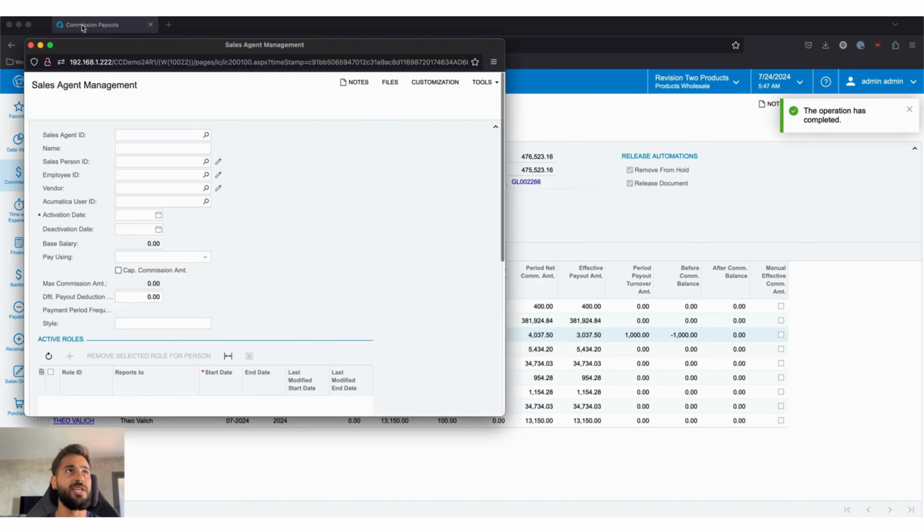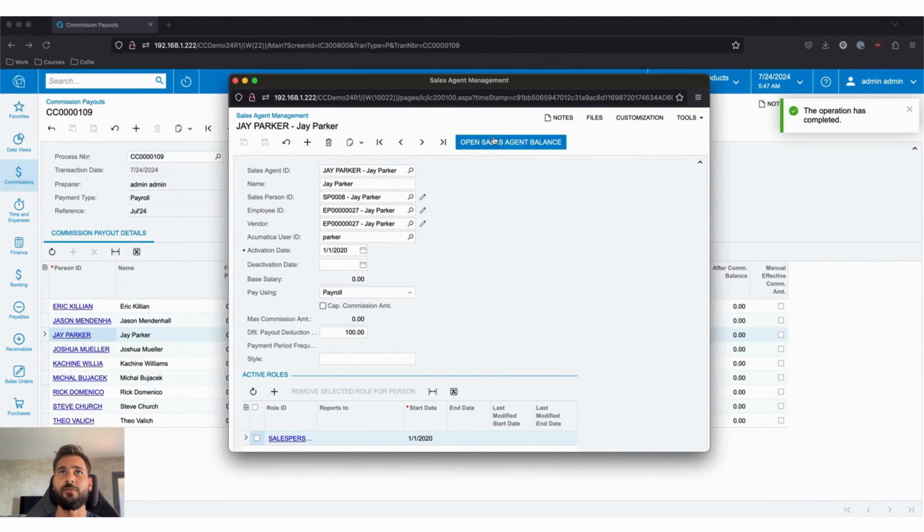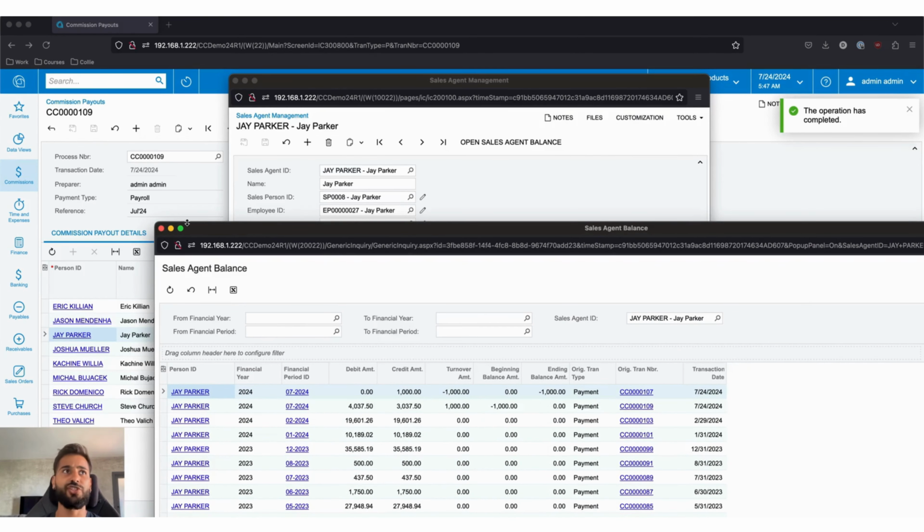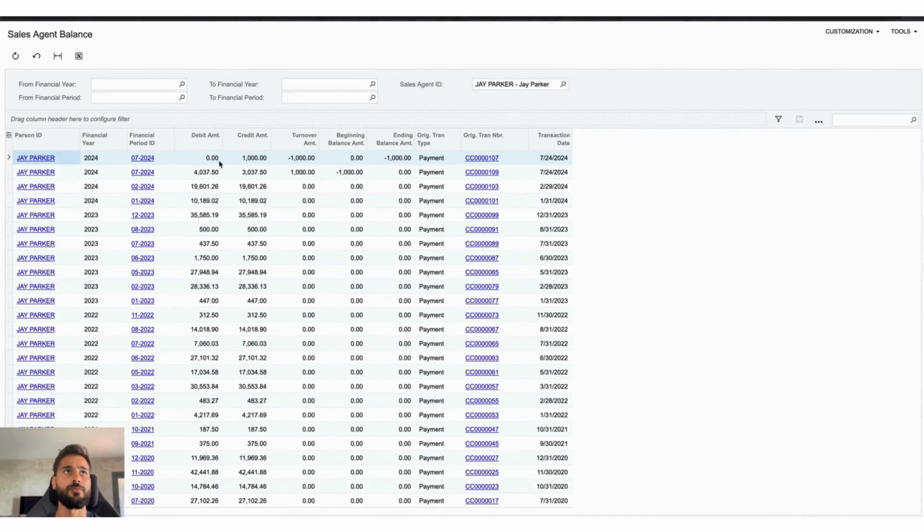our Jay Parker chart, we can see how now we have a new transaction over here. Let me refresh this. This is not sorted. Let me sort this a little bit. Great. So nice. So we have a new transaction, this one over here, where the commissions earned are this amount of money.